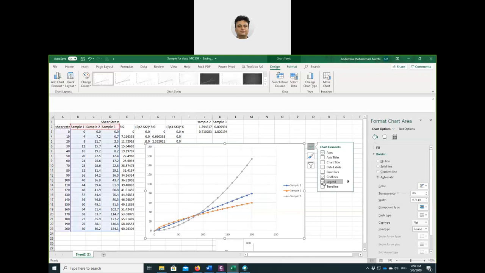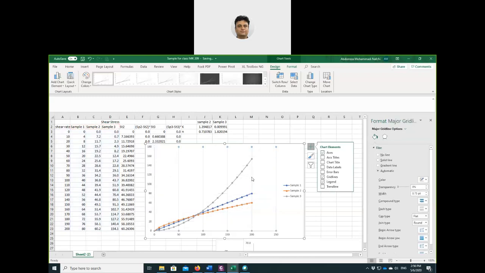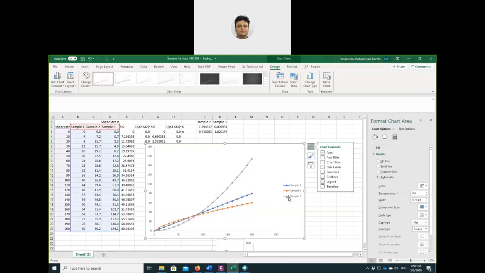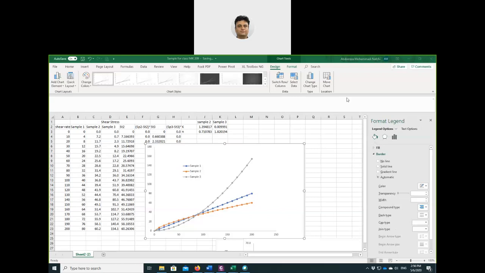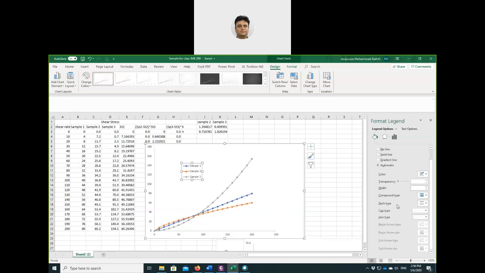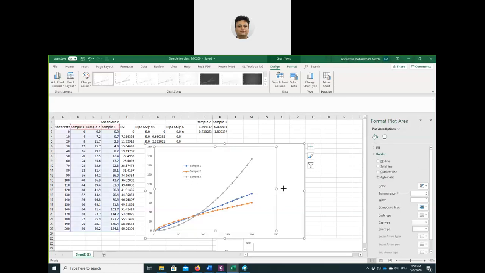See the horizontal line and vertical line. This one I prefer to bring it here. Okay, so sample 1, sample 2, sample 3.